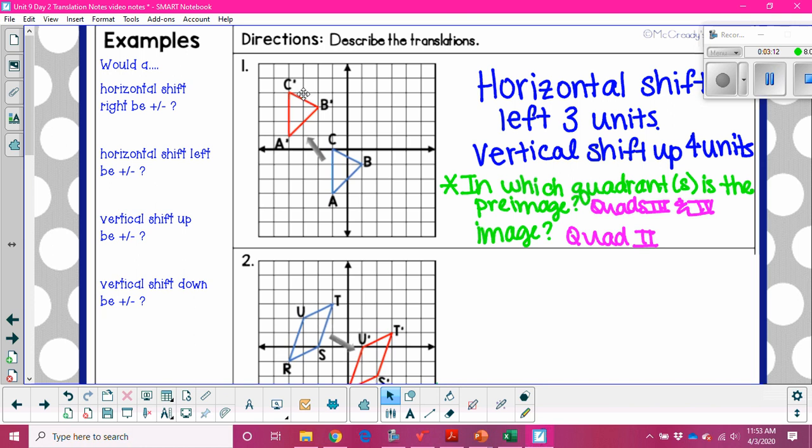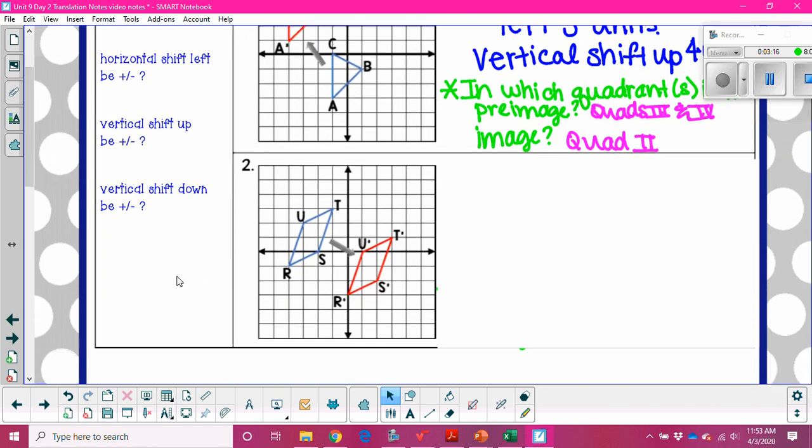Okay, pause the video to describe the translation that happened in number 2. Okay, so your preimage, your original figure here, RUST, was slid this way.